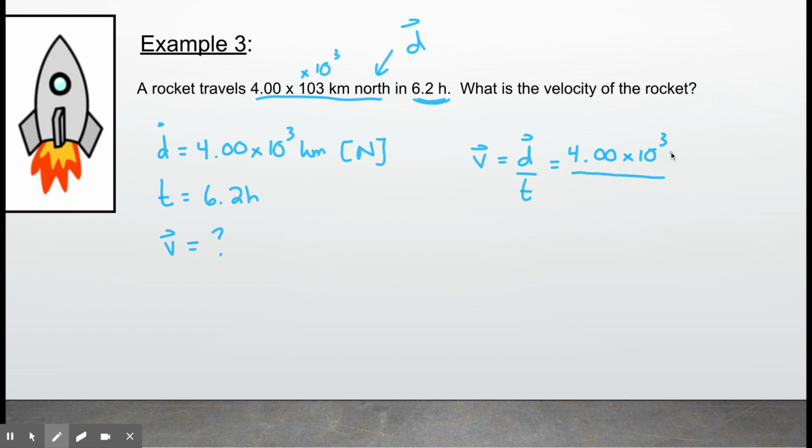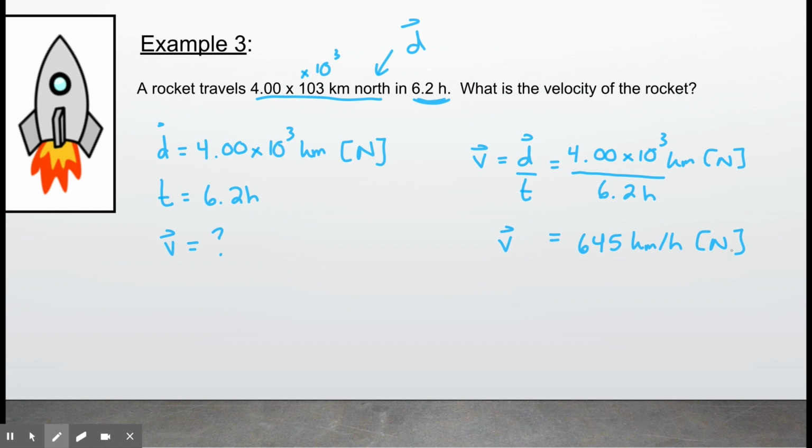This is kilometers north. Okay. Time is 6.2 hours, and I should get velocity to be 645 kilometers per hour north.